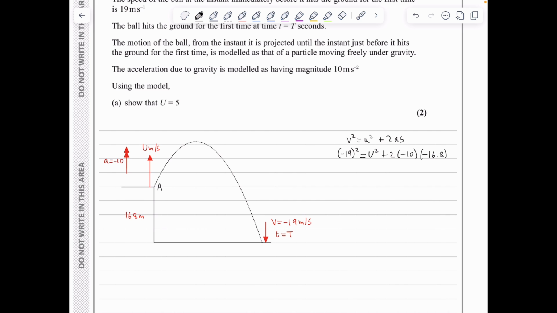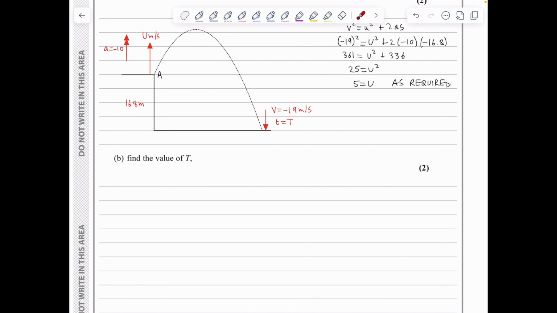This leads to 361 being equal to u squared plus 336. This leads to 25 being equal to u squared, and if we take the square root, we get that 5 is equal to u as required.